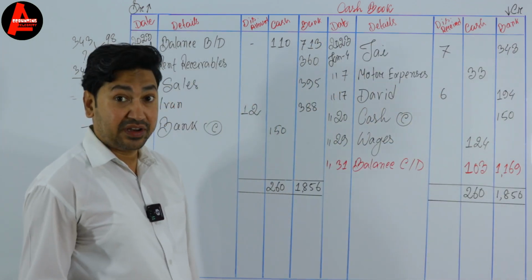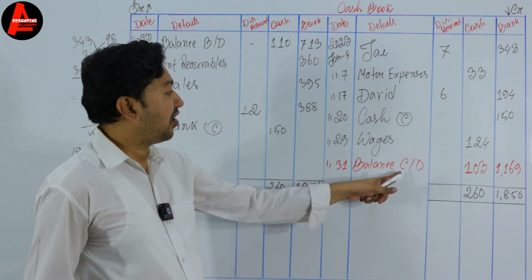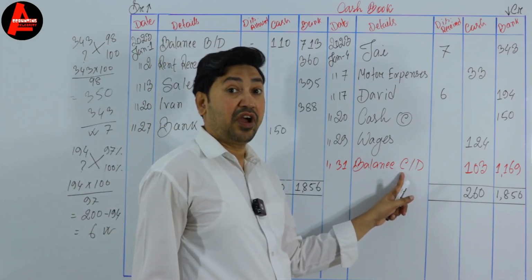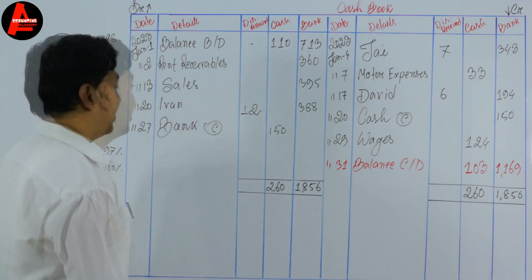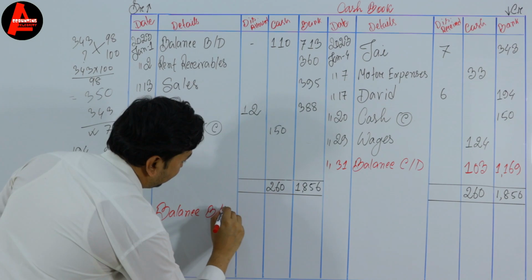Now we need to bring down these balances. How to bring them down? Here on the debit side we have balance c/d, so on the opposite side we will write balance b/d, brought down.